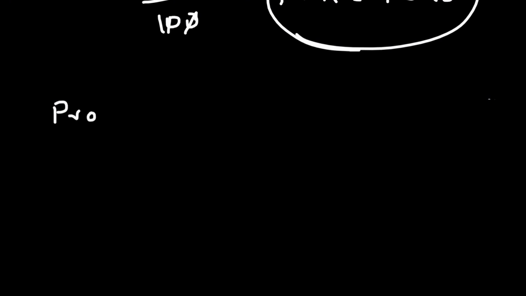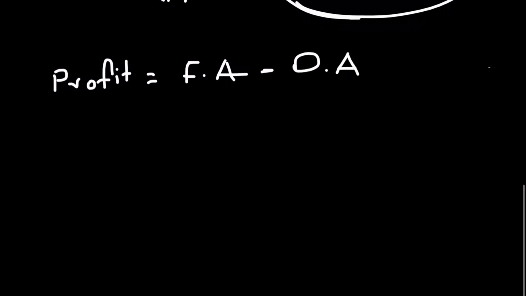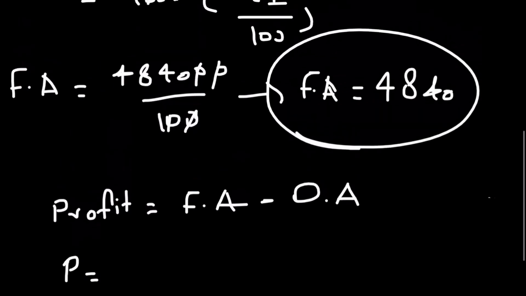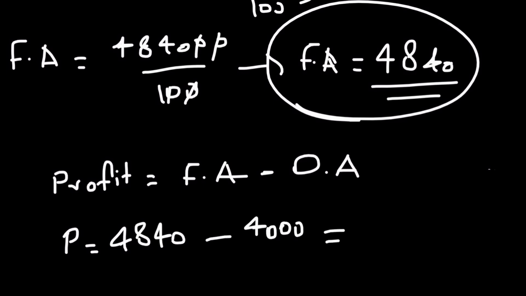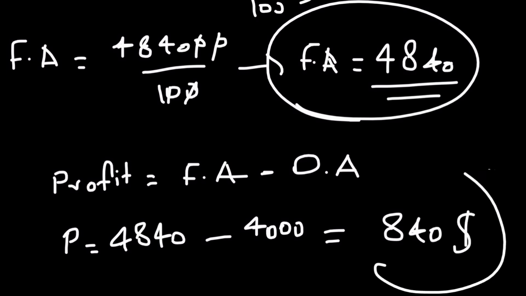For your profit, you only need to subtract your original amount, or your original money, from your final amount. So my profit is equal to my final amount, 4,840, and my original amount was 4,000. Doing the subtraction, 840 will be the result. And this is my profit.